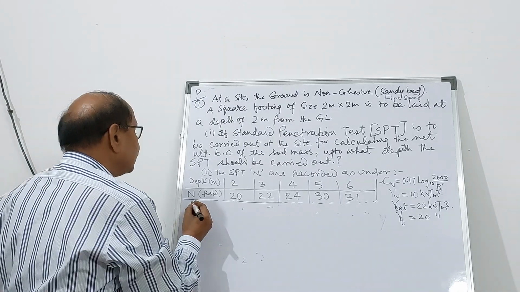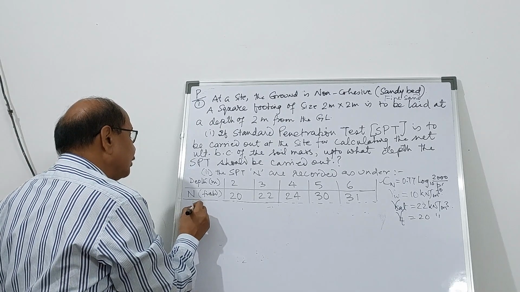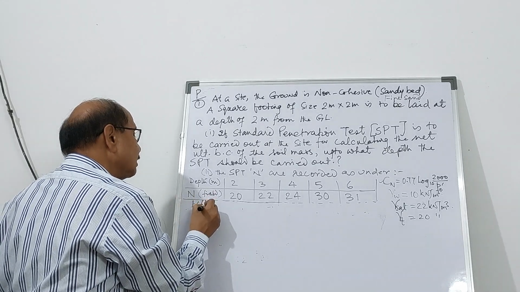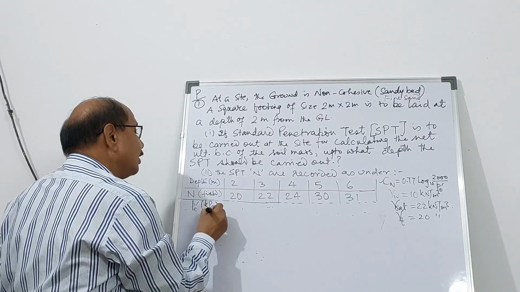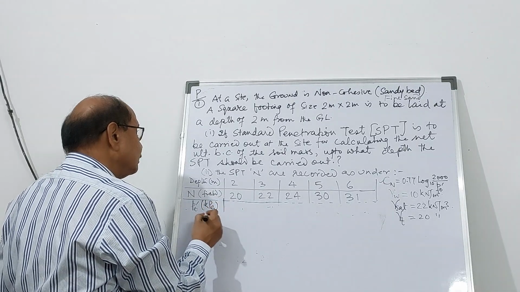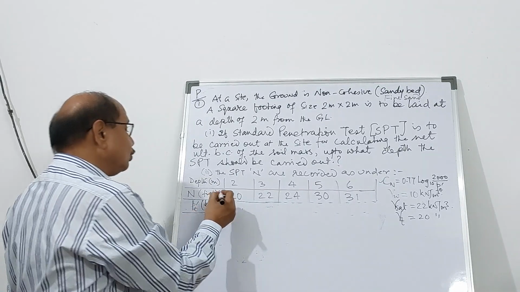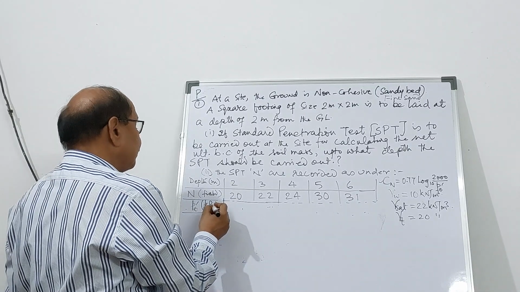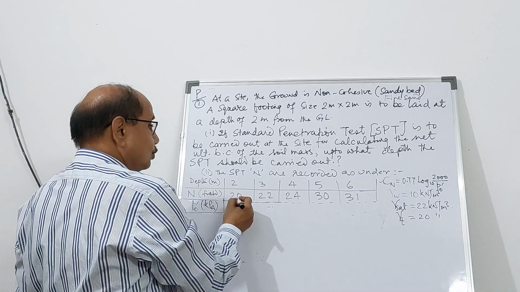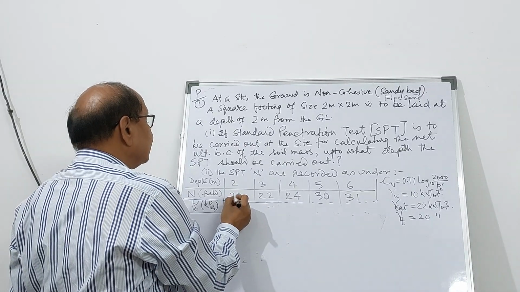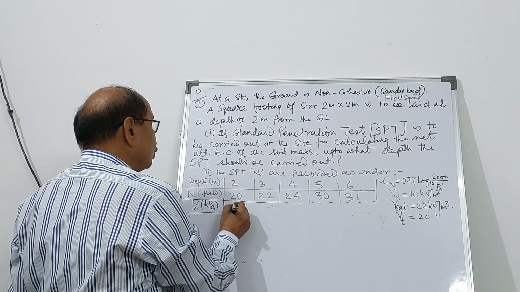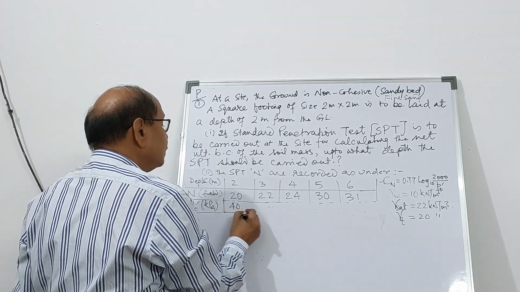So you should calculate the effective overburden pressure P naught prime in kilopascal, and that is going to be equal to gamma T multiplied by Z. So up to 2 meter, the gamma T is 20, so 20 multiplied by 2, it is going to be 40 kilopascal.